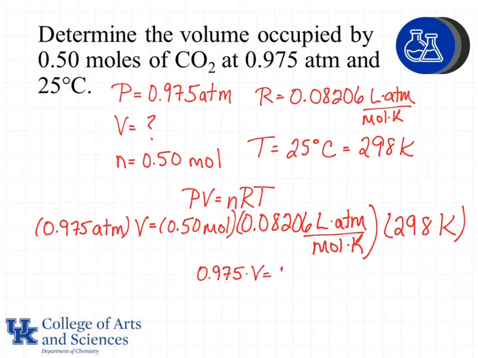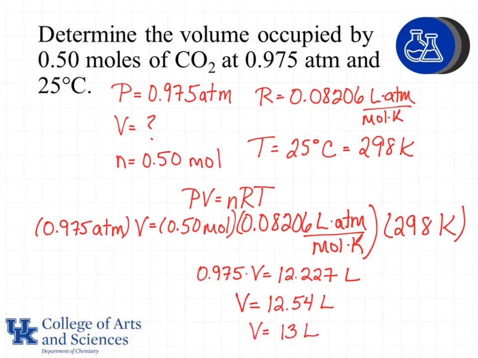I'm going to leave the 0.975 times volume. On the right side of the equation, I multiply all those numbers together and get 12.227. I'm going to then divide both sides by 0.975 and we get 12.54 liters, but we need to round this to the correct number of significant figures, and because we have 0.50 moles, so we have 2 sig figs, our answer will be 13 liters.